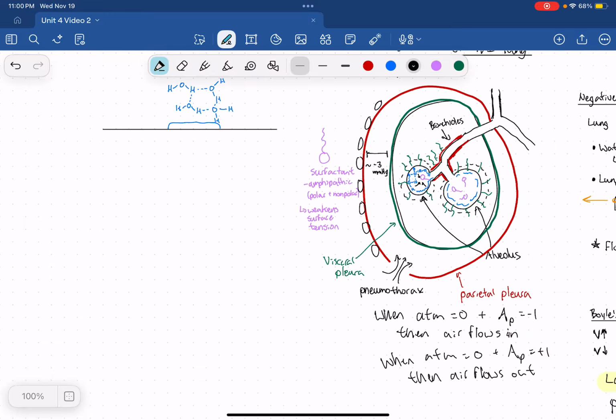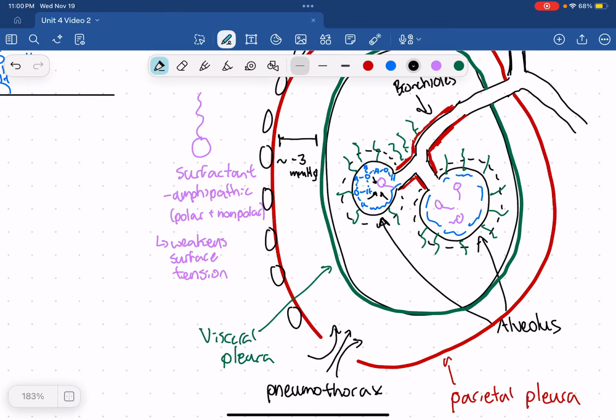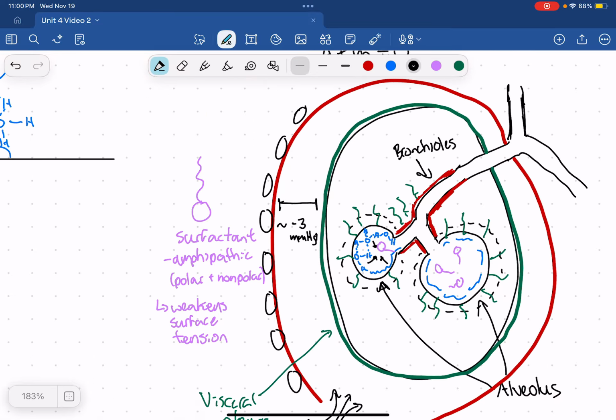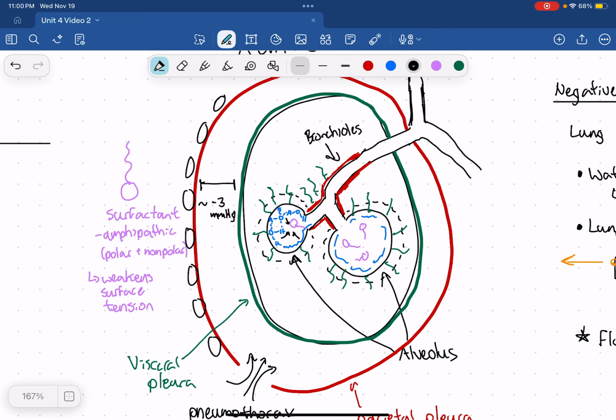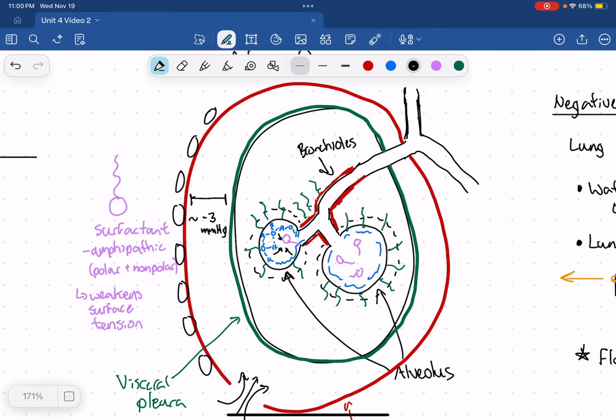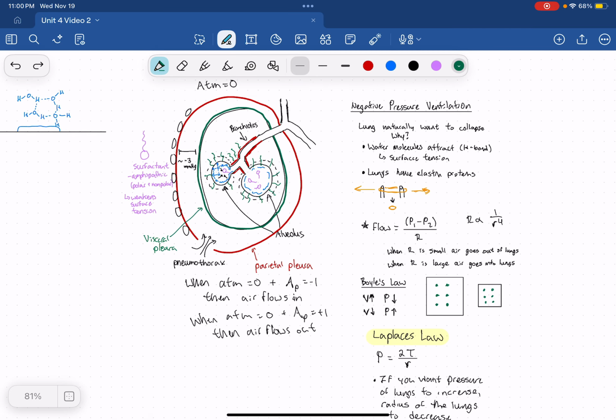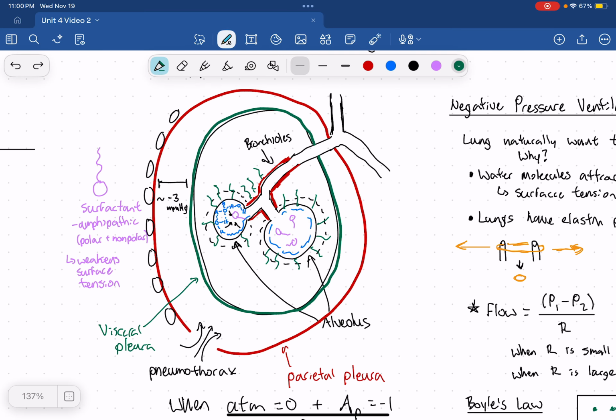So basically, we'll start to compress. So air is entering in here. We start to compress the visceral pleura even further inwards too. That begins to compress whenever we have a pneumothorax, which will compress our alveolus, which then can lead to a collapsed lung very quickly.